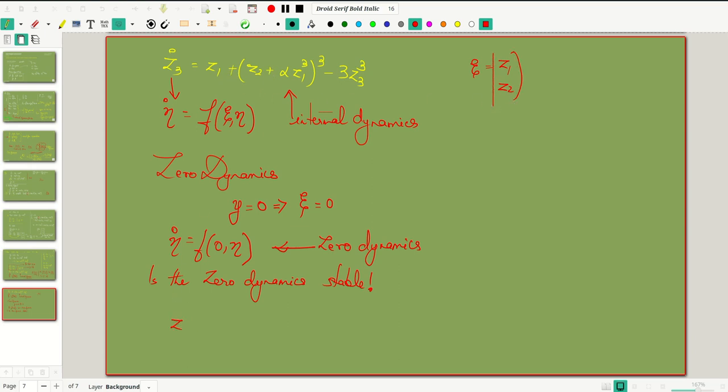So we have finally z3 dot as equal to, with z1 equal to 0 and z2 equal to 0. Okay. So z3 dot will end up as minus 3 z3 cubed. So now we have the zero dynamics as this term.